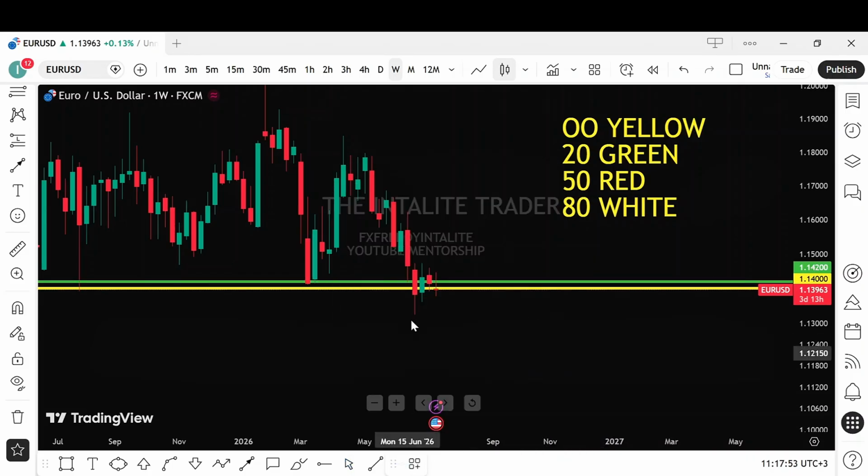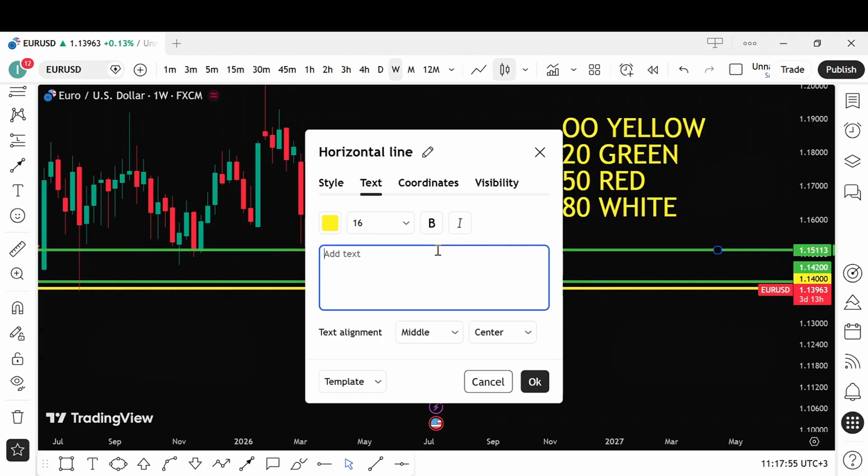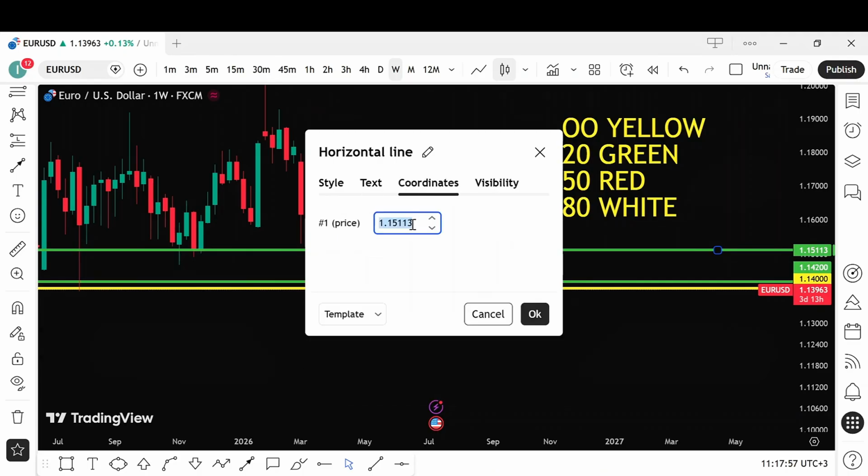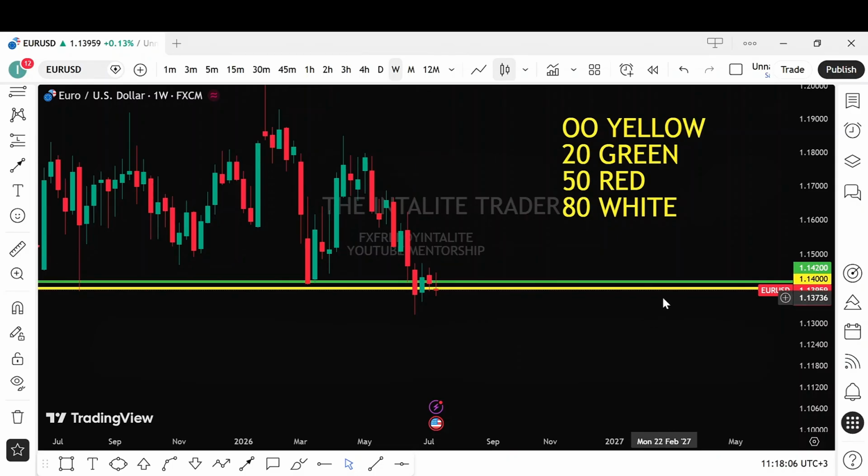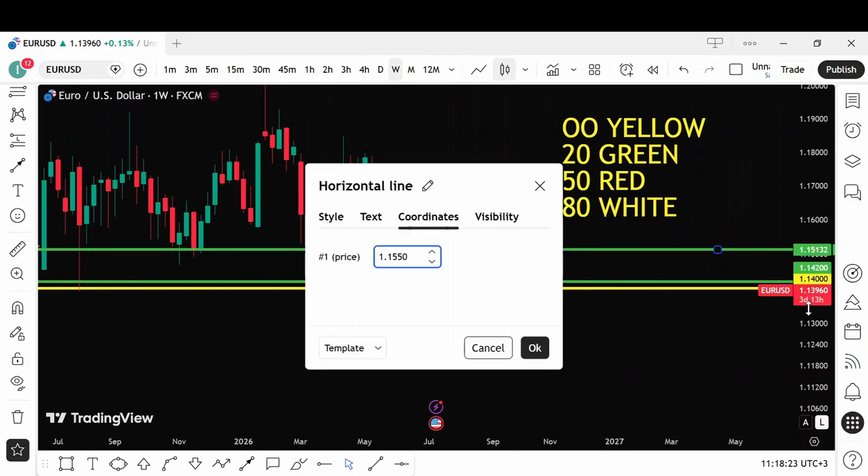We also get another number here, next to where price is: 1.1450.